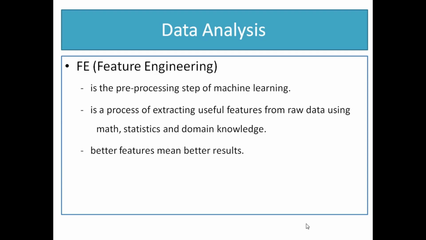It is a process of extracting useful features from raw data using math, statistics, and domain knowledge. And obviously it is clear to everyone that if better features are there, then we will get better results. So data analysis is very important before you actually apply it.